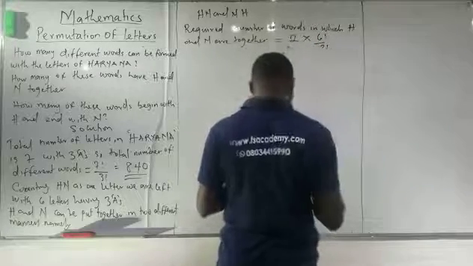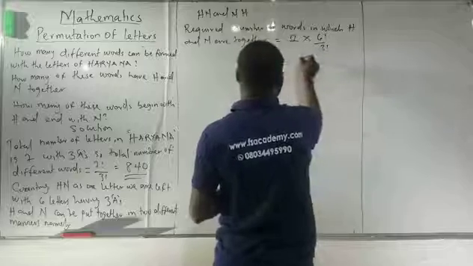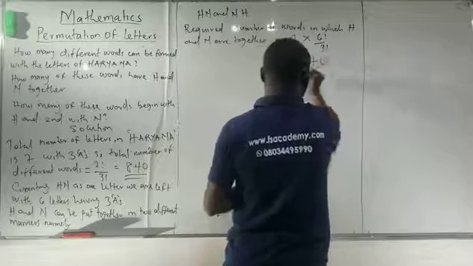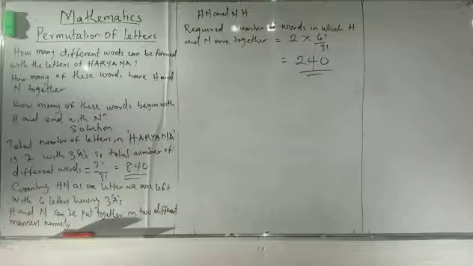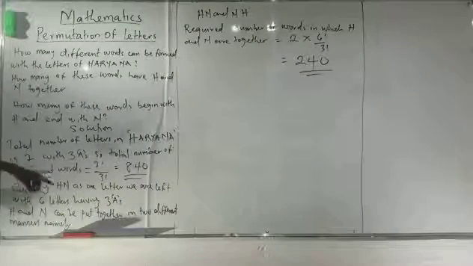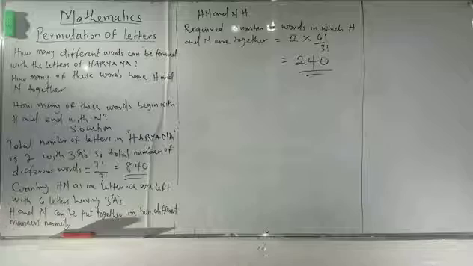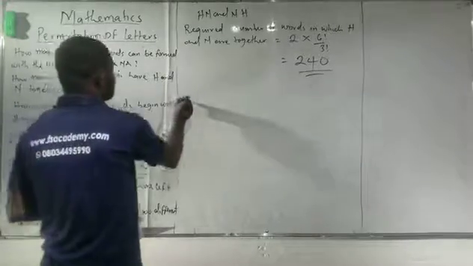Now, which I'll be having, it will be equal to 240. 240. That is my answer. Now, can you see the way I arrange those words? Now, the last part is this. Number 2.